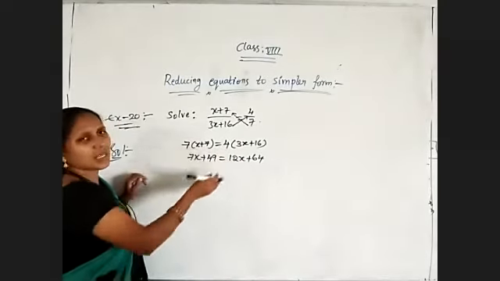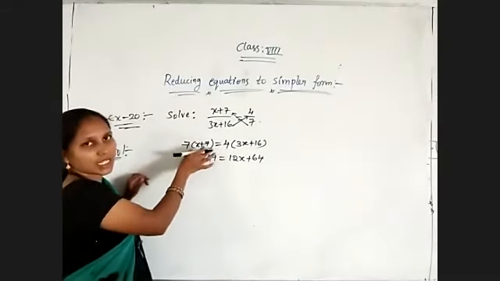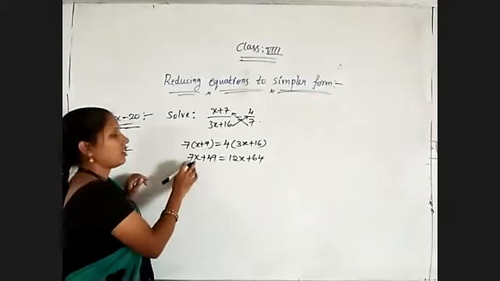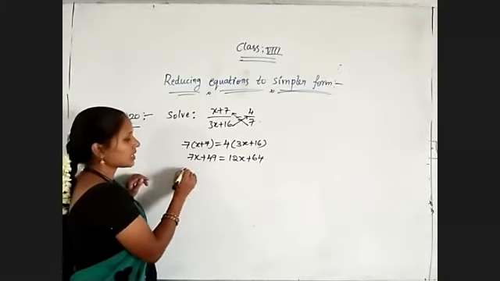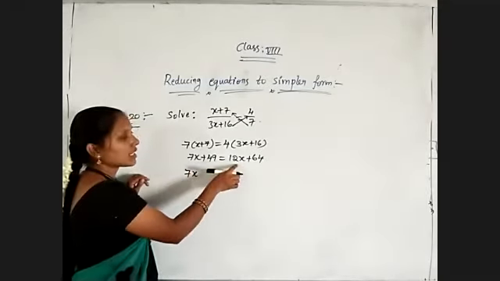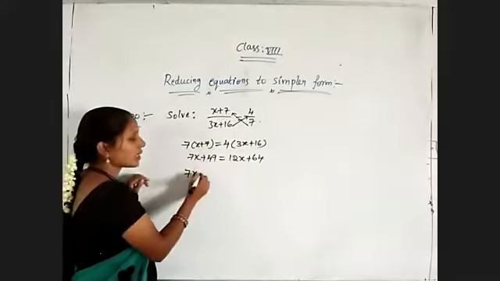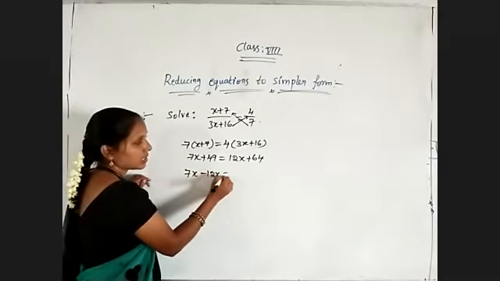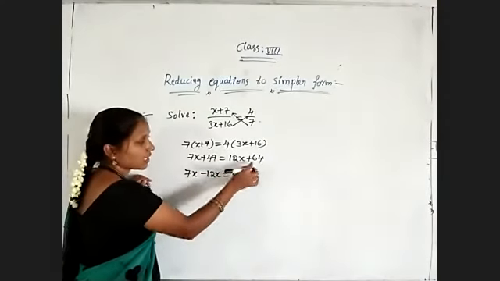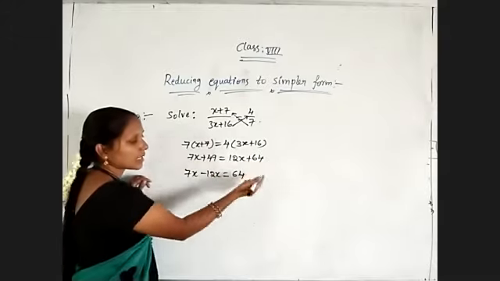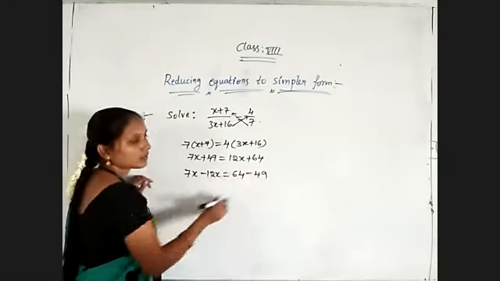Multiply each and every term inside the bracket. Now bring the x terms to one side: 7x, and by bringing 12x to this side, minus 12x is equal to 64, and 49 by bringing to this side is minus 49.